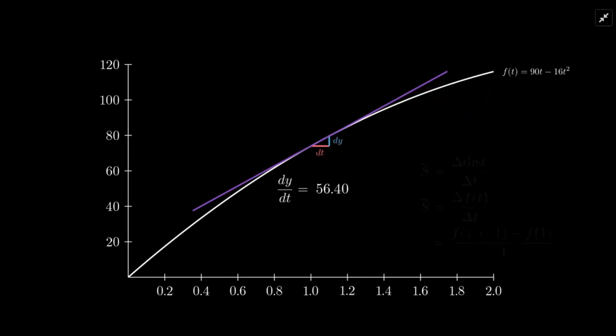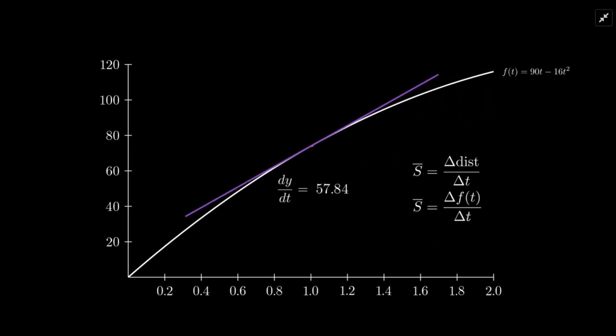Now dt is getting so small that it's going to vanish here to 0.01. And you should notice that this is close to tangent to the curve, right? The difference is so small. Same process, calculate the change in distance over change in time.